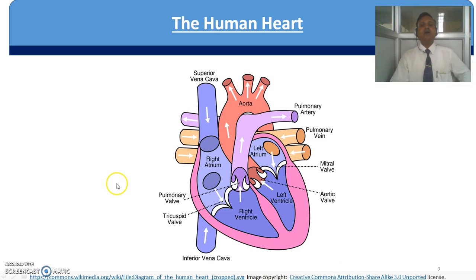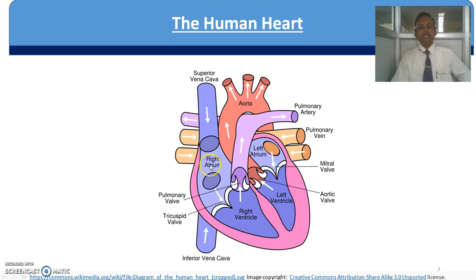Now, whatever blood comes through the extremities, the blood which has been deoxygenated by tissues, that blood comes through the inferior vena cava and superior vena cava, 2 large blood vessels, 2 large veins, into the right atrium. So, the right atrium is the compartment of the heart which receives deoxygenated blood.